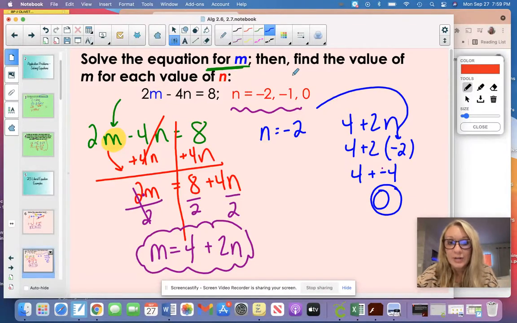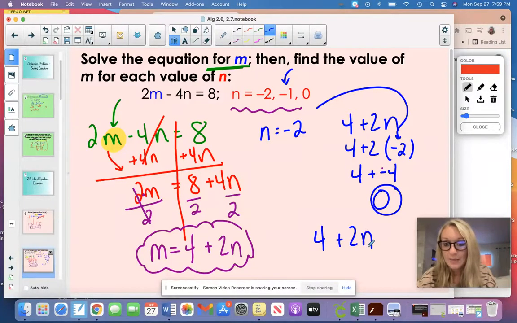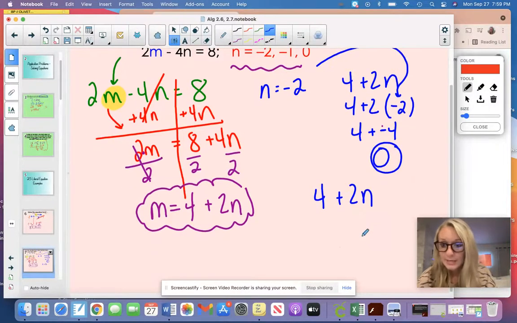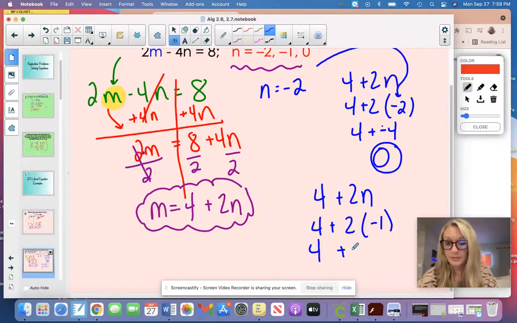The next one is that you're going to plug in a negative 1. So again, let's rewrite this 4 plus 2n. Instead of my n here, I'm going to substitute in -1 because that's what the problem called for. So now I've got 4 plus -2, and then that just simplifies to 2.